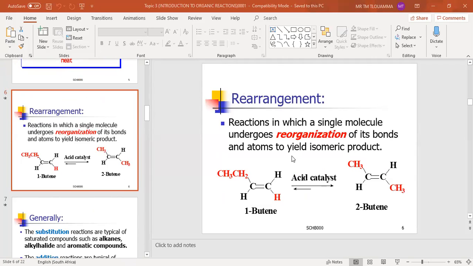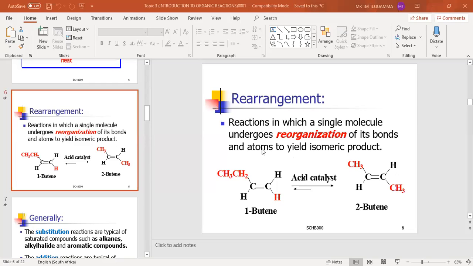The rearrangement is the reaction in which a single molecule undergoes reorganization. Meaning when we are rearranging something, you are moving it from its original state and arranging it into another form of state. This is the reaction in which a single molecule undergoes reorganization of its bonds and atoms to yield the isomeric product.